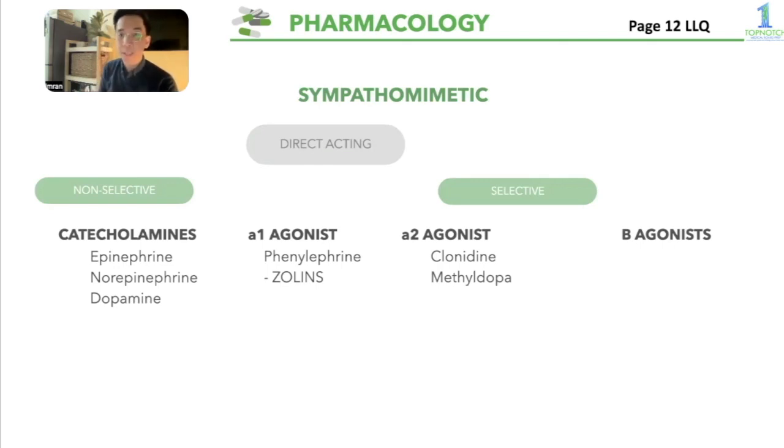But once it reaches the central nervous system, your alpha-2 agonist will become a regulator.